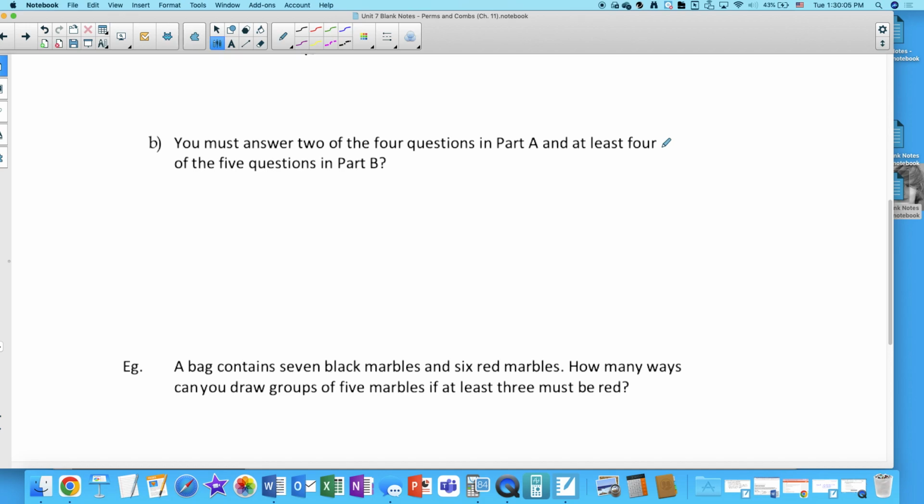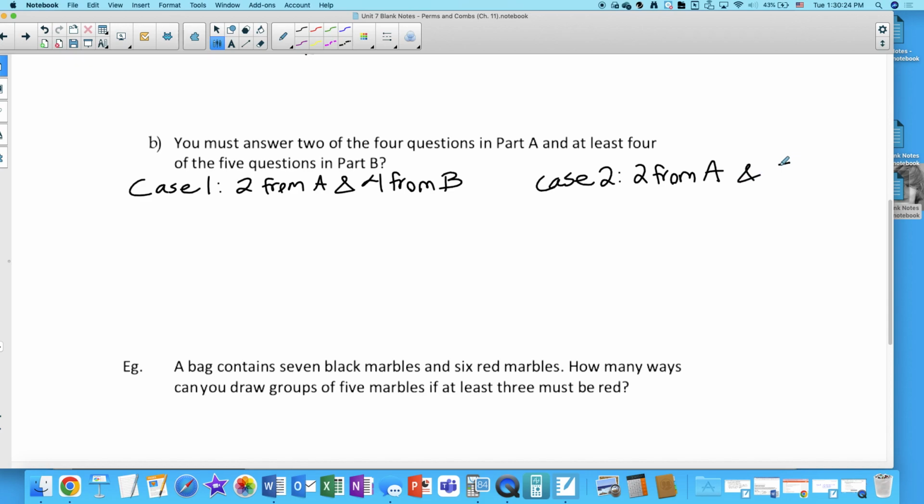So case 1, you do 2 from A, and let's say 4 from B. And case 2, you do 2 from A and all 5 from B. Right? So 2 from A would be 4 choose 2 times 4 from B, 5 choose 4.